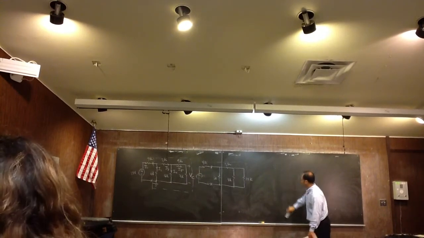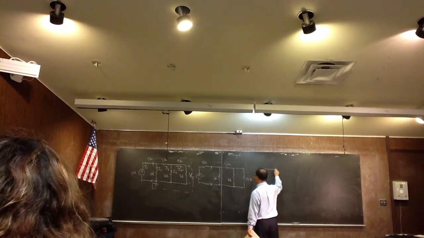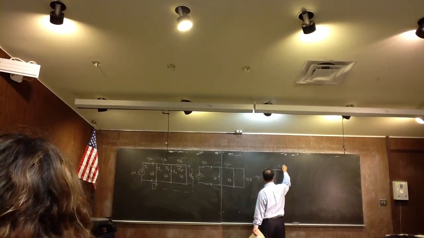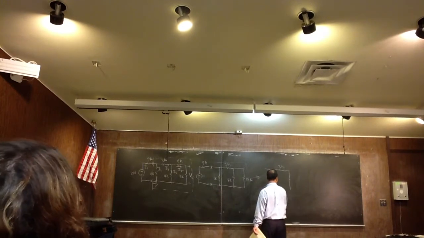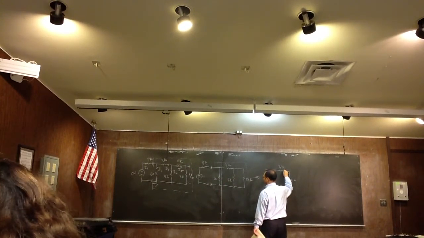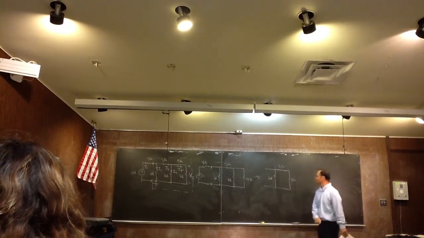Now you should do the calculation yourself, okay? So this is 6K, 3K, 3K, and then we have a 4K. No, these two have become 3K, correct?